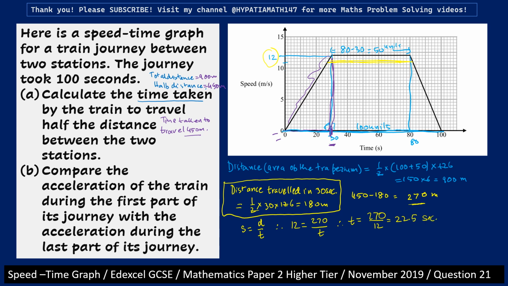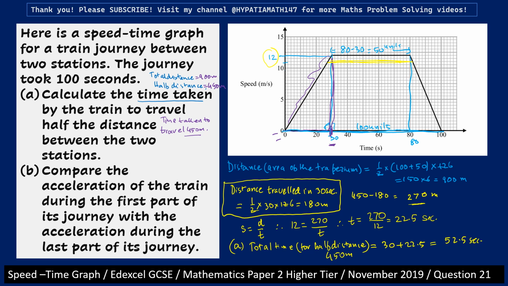So the answer to part A, the total time for half distance, which is 450 meters, is 30 plus 22.5, that is 52.5 seconds, and that's the answer.